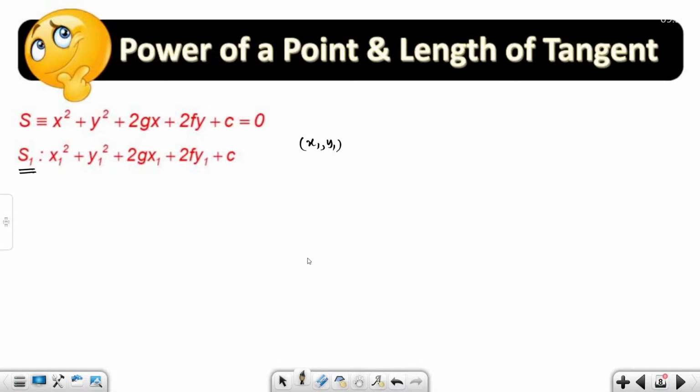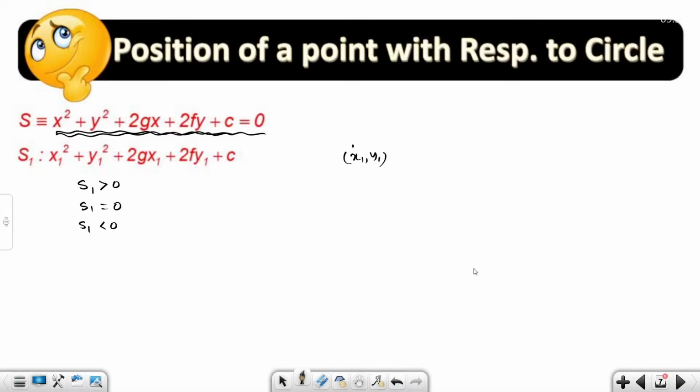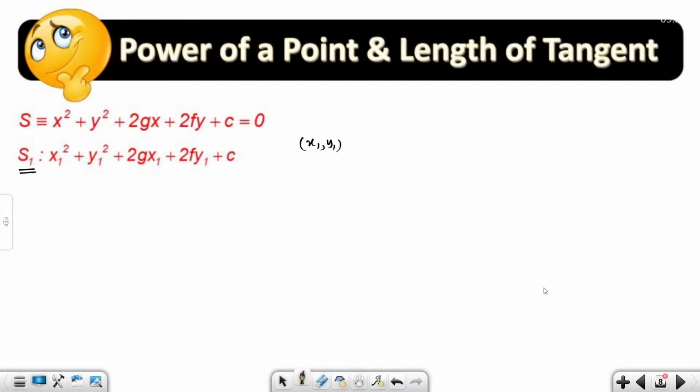So what we have done right now is finding out whether the position of a given point is outside, on or inside the circle. We will say in this way that when the power of the point is greater than 0, the point is outside. If the power of the point is equal to 0, it is on the circle. And if the power of the point is less than 0, it is inside the circle. Is it clear? So this S1 is nothing but the power of a point.